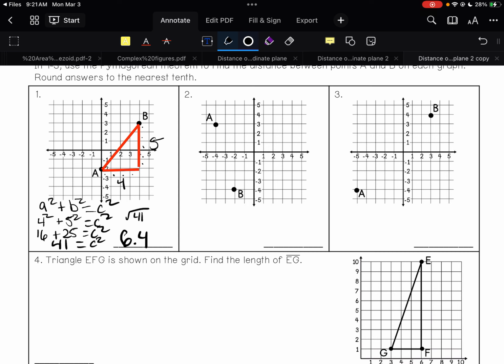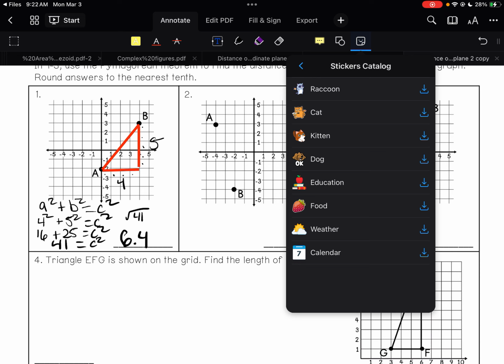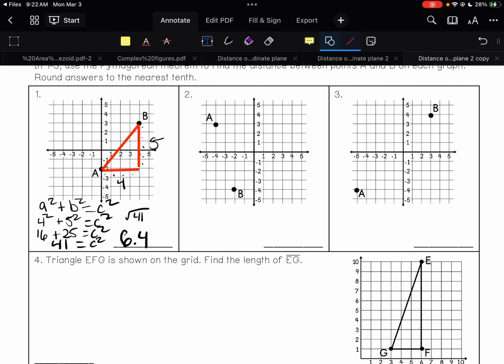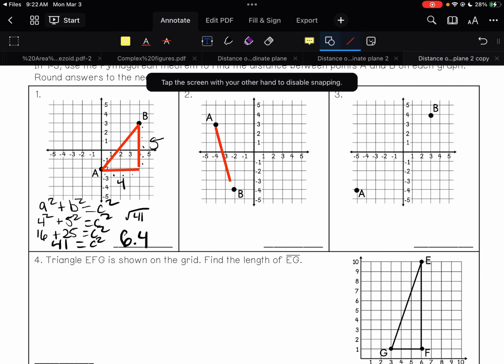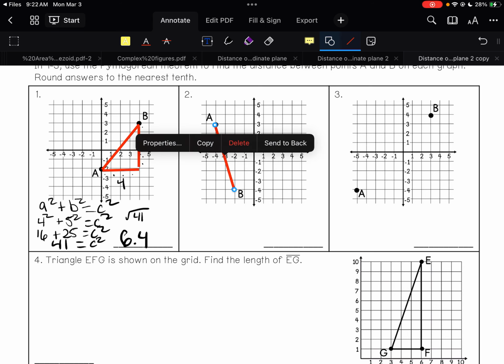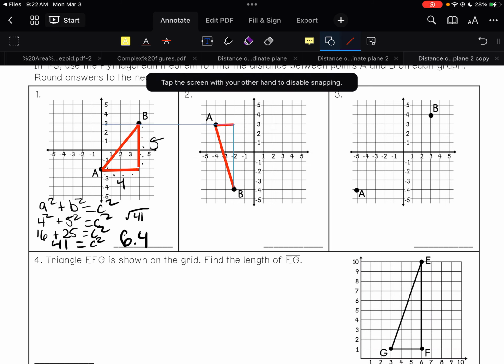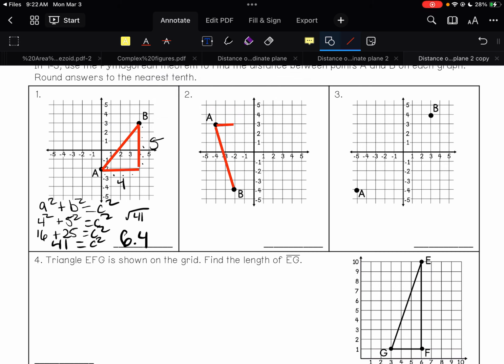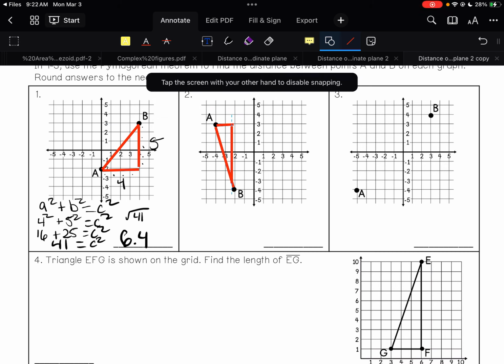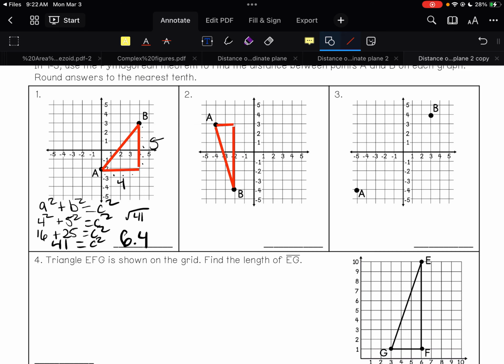We're going to do the same thing with the next one here. You're going to find the distance between A and B. So we're going to do a little triangle to help us with that. And you can pause and get a ruler if you need a ruler to make your lines perfectly straight.